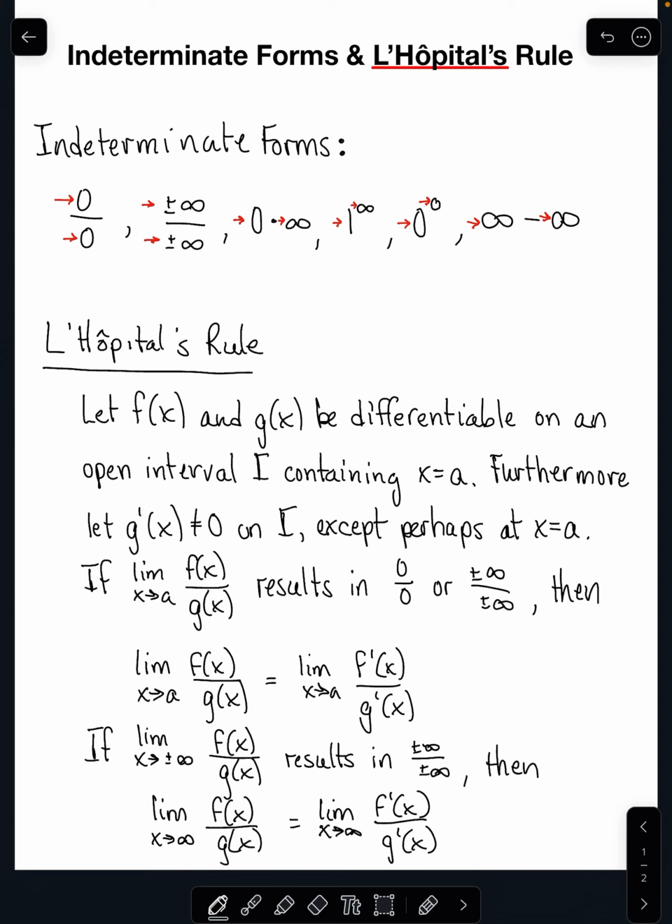I would reserve that further proof for students who are eventually going to go into a course called Real Analysis, where they will have the tools necessary to prove this. So I'm going to omit the proof. However, we will do examples to see how it works. We will start with the indeterminate forms that we are more familiar with.